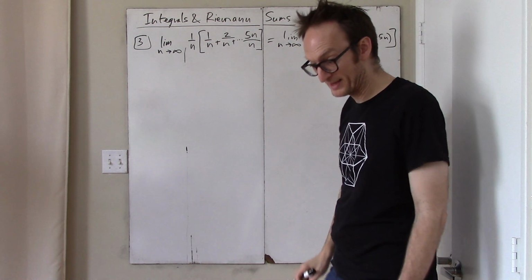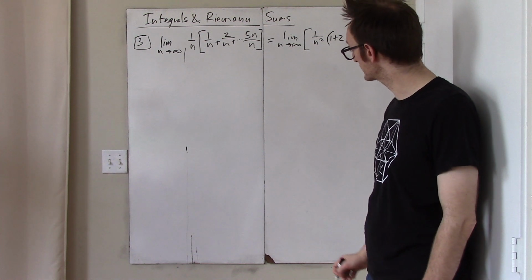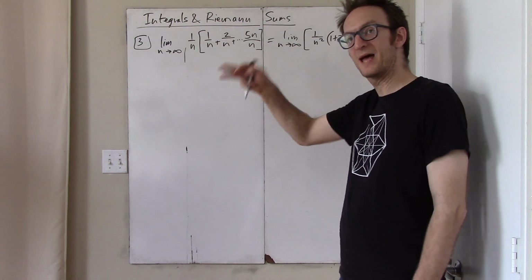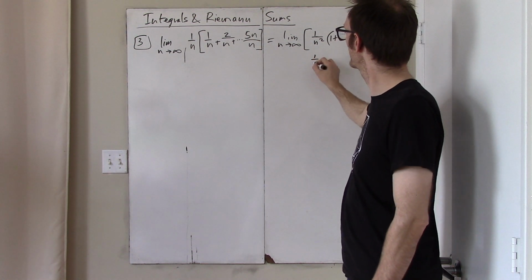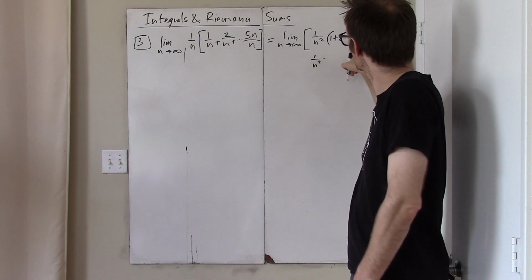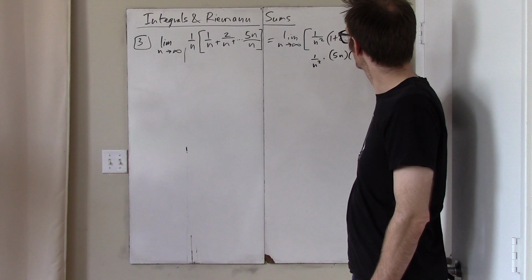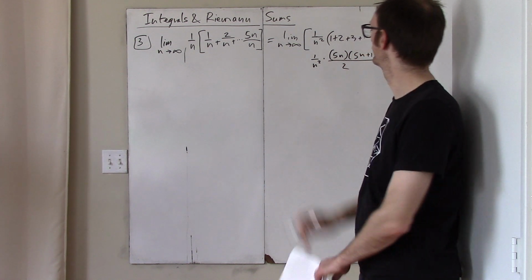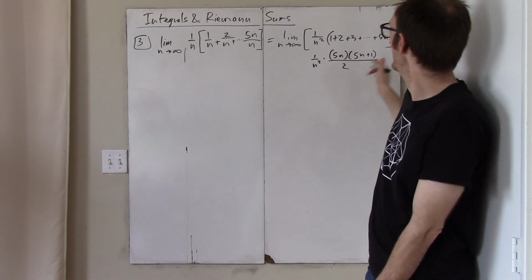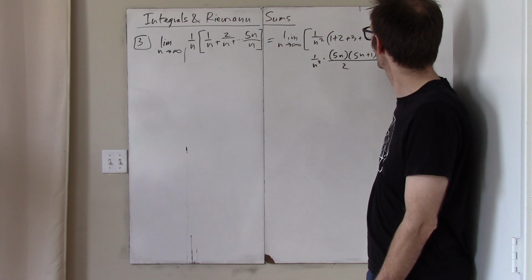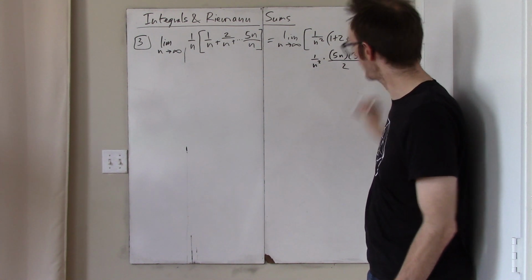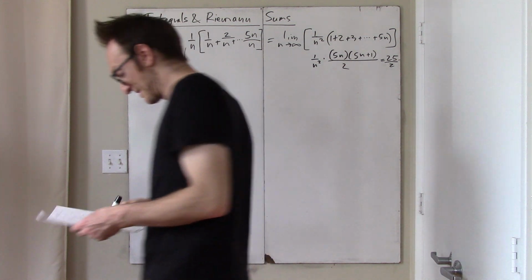And there's a formula for the sum of the first n integers. It's n times n plus 1 over 2. So this whole thing would become 1 over n squared times 5n times 5n plus 1 over 2. And just doing this in my head, I'm going to tell you that this is 25 halves. And that's just the right answer.